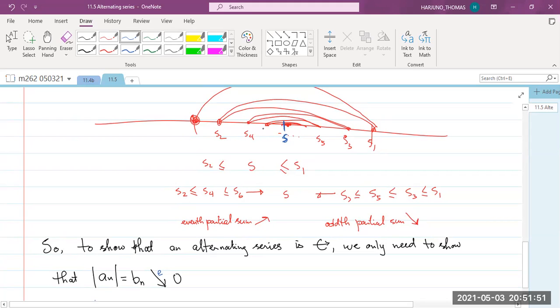Notice that the error after you go up to the fifth term, the error up to the fifth partial sum, must be less than the sixth term.